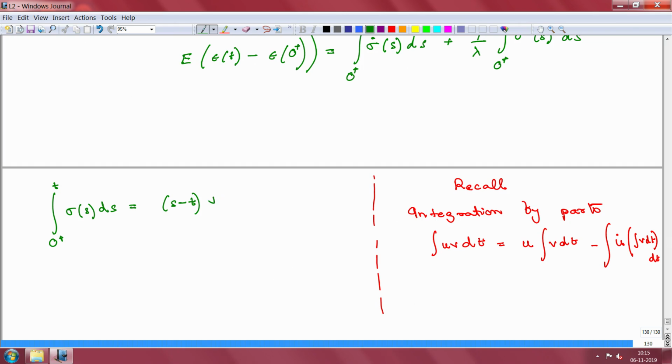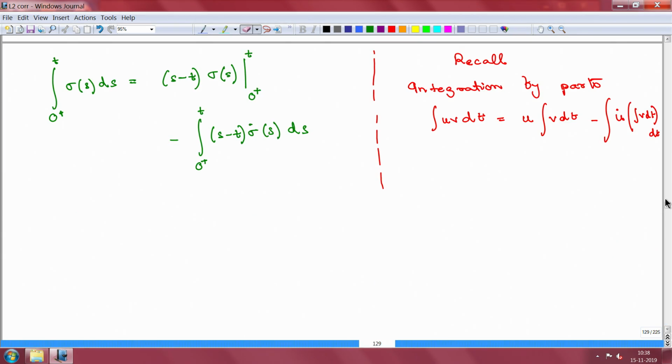I can choose this quantity here, and here this is a variable s now, and this variable s is being evaluated from 0 to t, and you have minus integral again from 0 to t of s minus t sigma dot. Okay. So, I have just applied the integration by parts here.